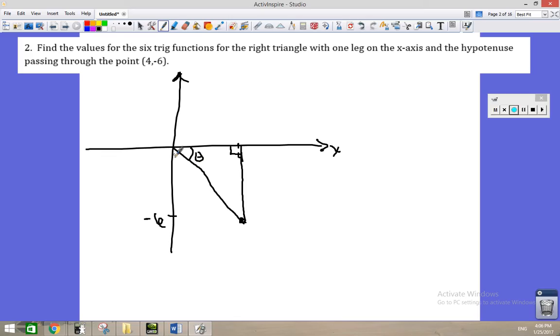The hypotenuse is always positive, and 4 squared plus 6 squared is 16 plus 36, 52, and the square root of 52 is 2 times radical 13.